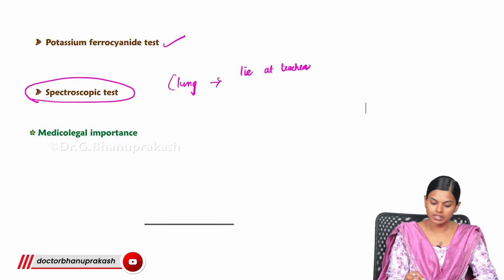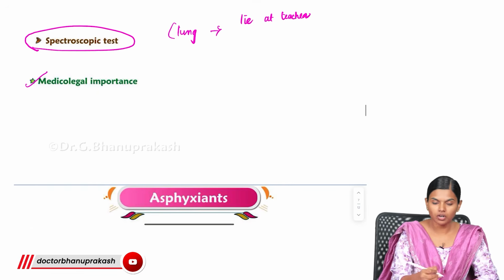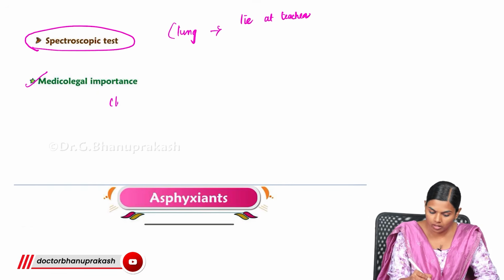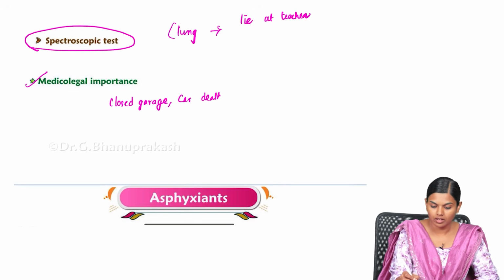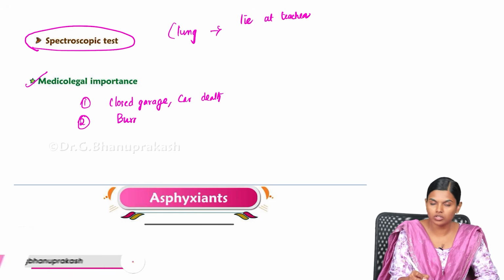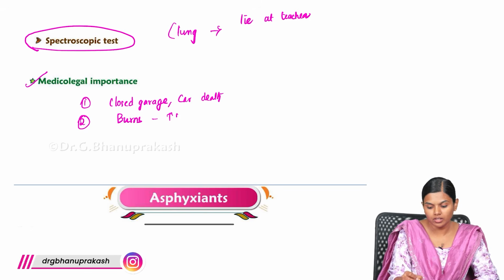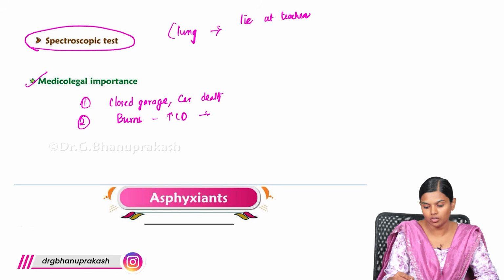This is how you preserve the lung. And the medico-legal importance is that in most closed garage and car deaths, this is seen. Apart from that, in most burns there will be increased carbon monoxide, which will lead to carbon monoxide toxicity.